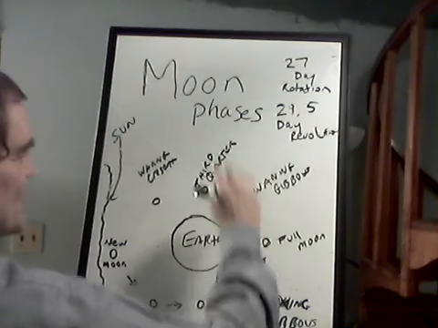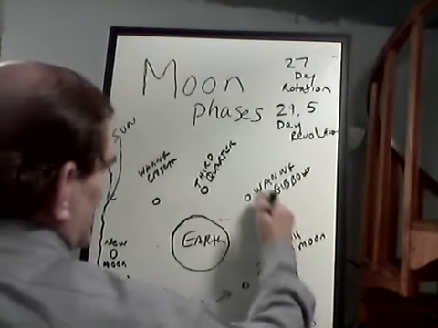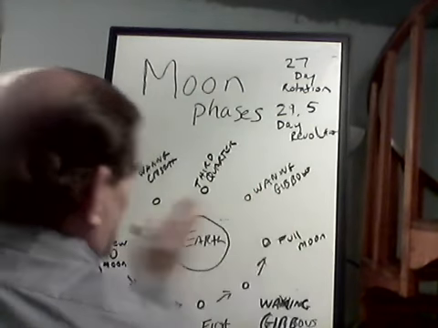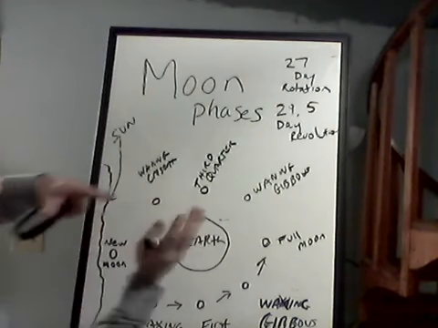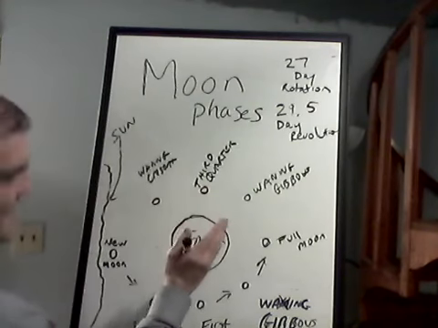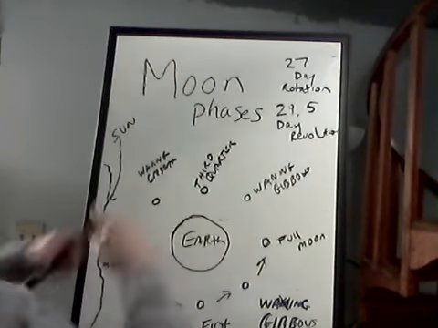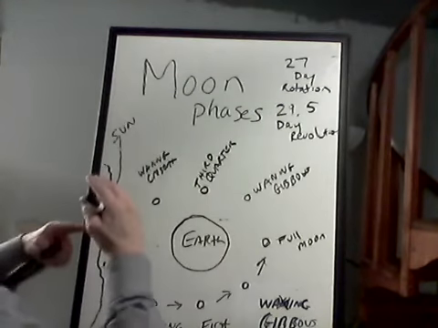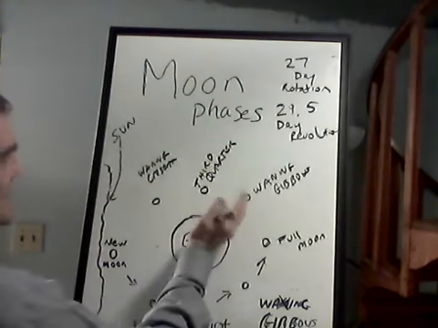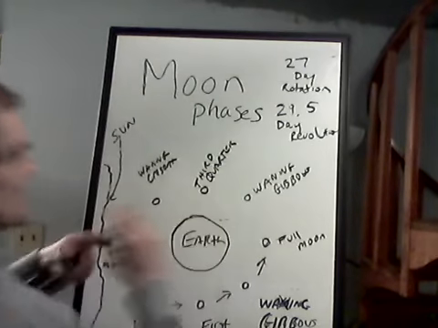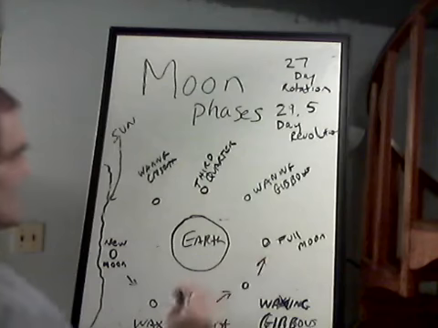Again, swollen, but the waning means as it moves away from full moon, the angle again starts to reduce the amount of light that it has. So it's waning. It's falling away. The light is not showing as much. It's still a lot of light, but not as much as it was with a full moon.